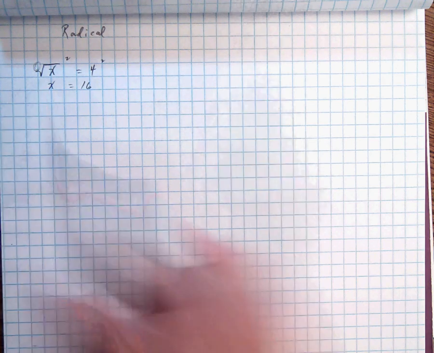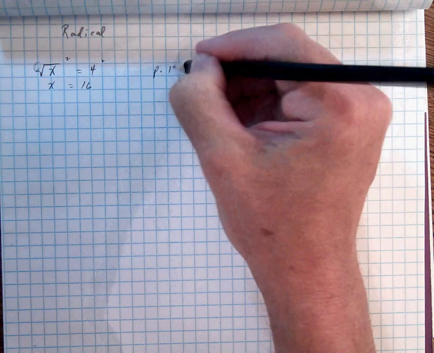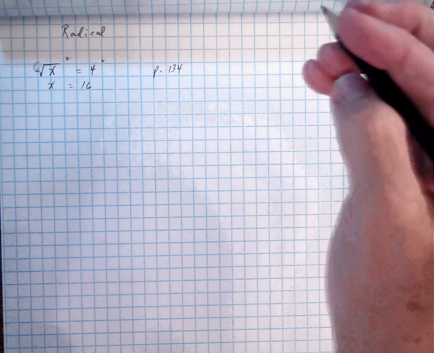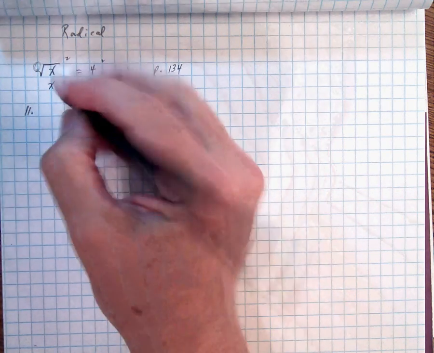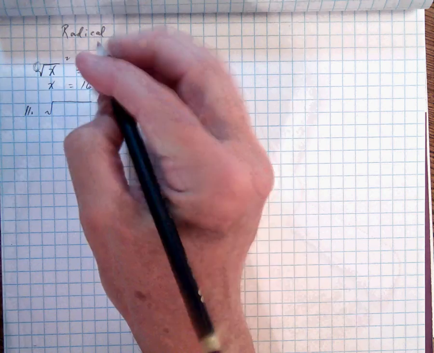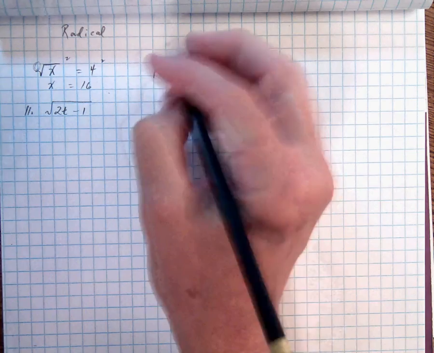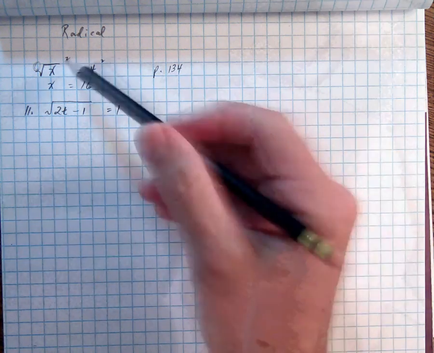I'm just going to work some problems on page 134, and I'm going to work the ones that are highlighted. So let's start off with number 11. The square root of 2t minus 1 equals 1. Alright, so we have a radical over here, we have a number, so what I can do is just like I did up here, I can square both sides, right?